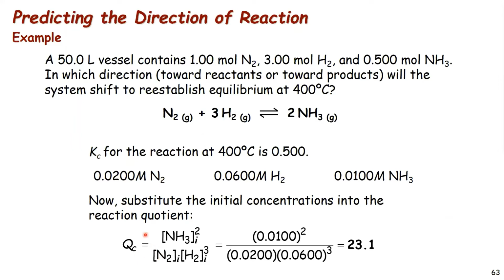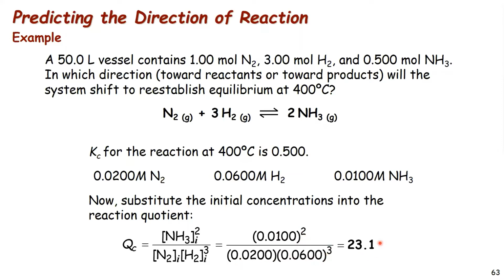So we have Q is greater than K. Now remember, it's products over reactants. Do we have too many or too few products? Oh, we have too few products. Too few products? Yes. Products over reactants, right?